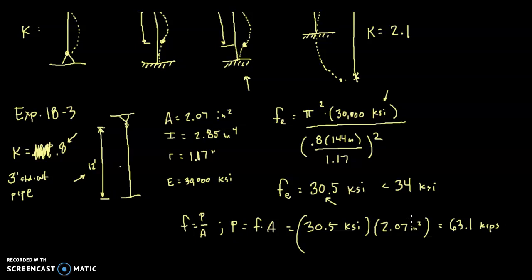Kips was my unit of load because I used a unit of stress of KSI. Looking at the PowerPoint I have on Blackboard, I can see that from the last edition of the textbook to this one, the area of a 3-inch diameter standard weight steel pipe has changed in the appendix. So the answer here is slightly different than what's in the PowerPoint, but the process remains correct. With a slightly smaller area value, we get a slightly smaller load, 63.1 kips.